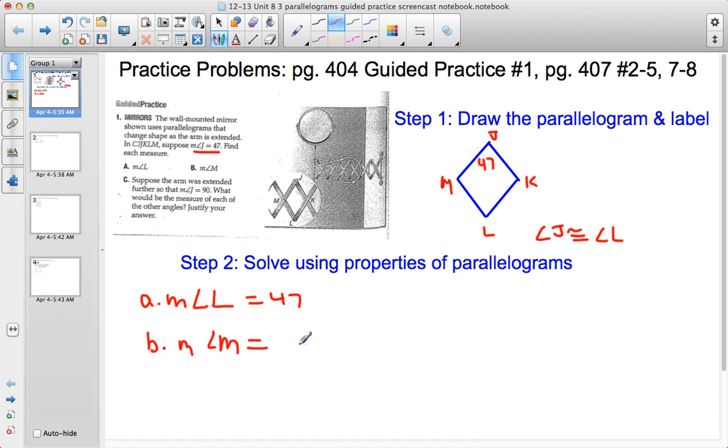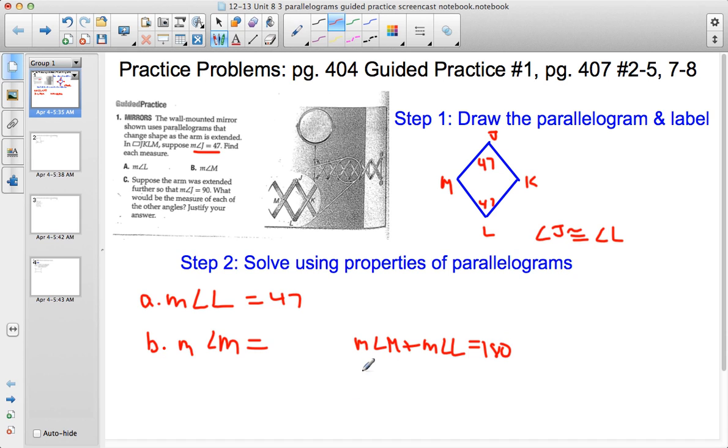Second, you're asked the measure of angle M. What's that? Well, we also know from our properties that consecutive angles in a parallelogram are supplementary. They equal 180. Well, I just determined that L is 47. So that means L plus M must equal 180. So I can say the measure of angle L plus the measure of angle M equals 180.